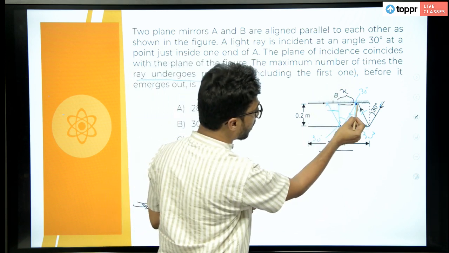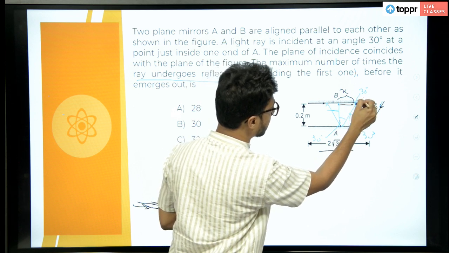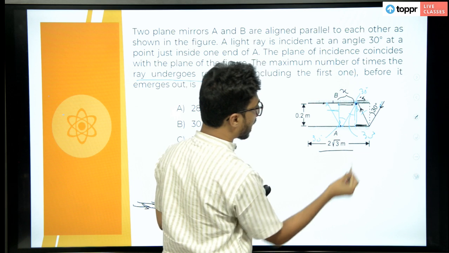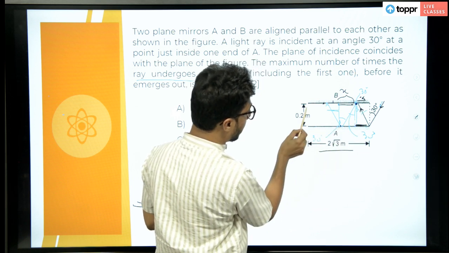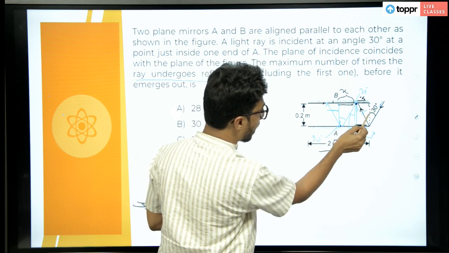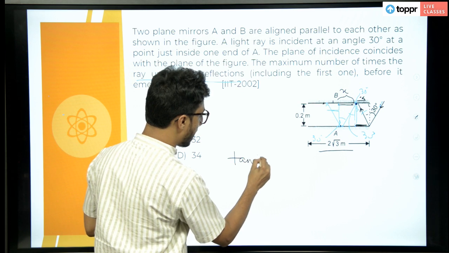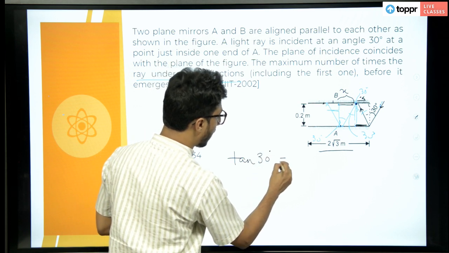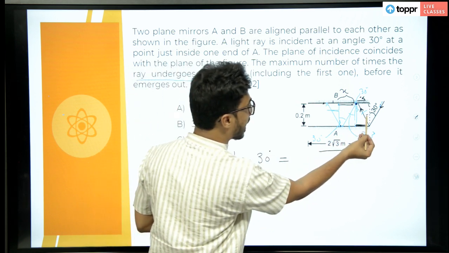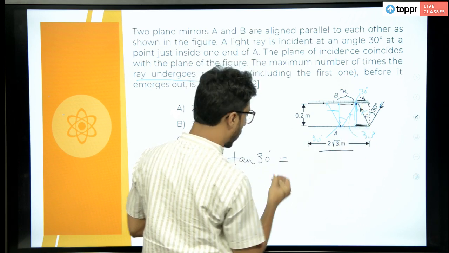Now, if you see from this triangle, this is the x, right? And this distance is given 0.2, right? And this angle is 30. So we can write tan of 30 equals x divided by this length, which is 0.2.